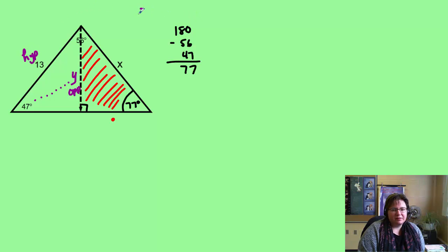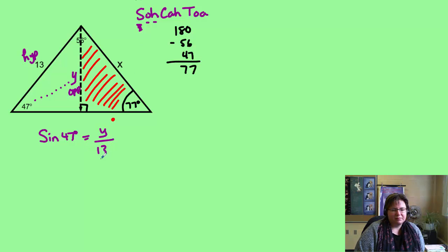And if I remember SOHCAHTOA from grade 10, opposite with hypotenuse means I have to use the sine. So the sine of 47 degrees, remember you always have to have an angle when you have the trig ratio, equals the opposite side divided by the hypotenuse, 13.